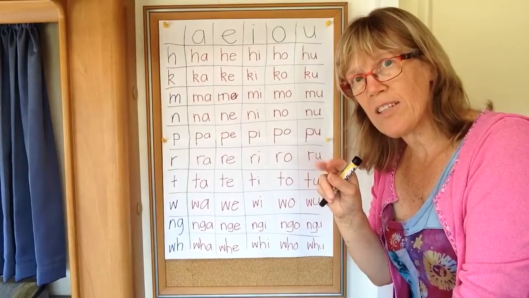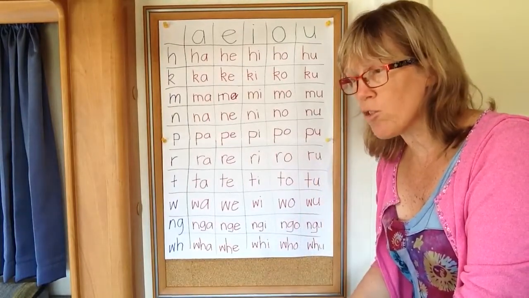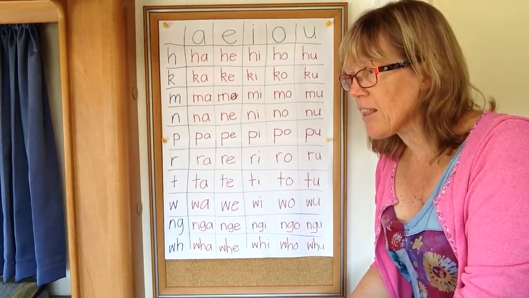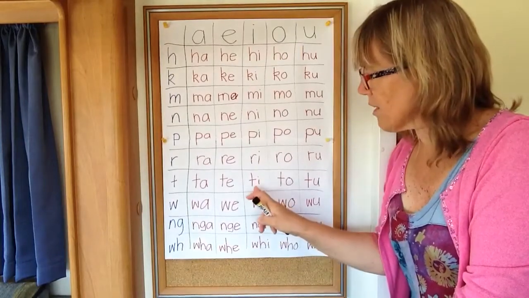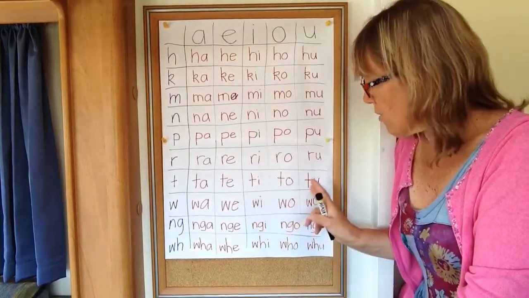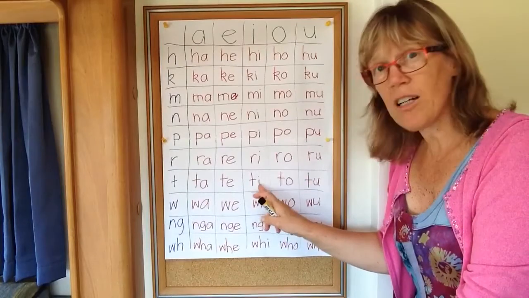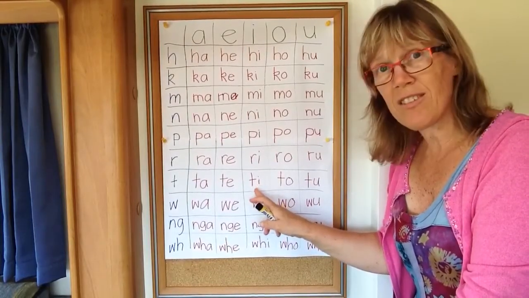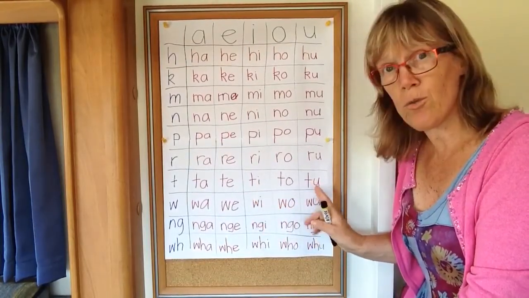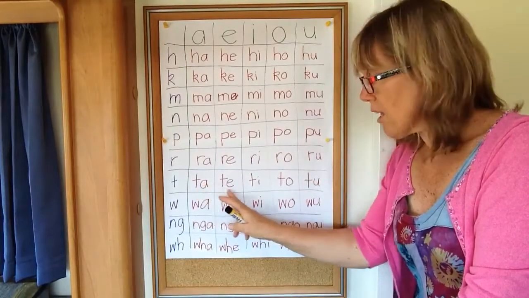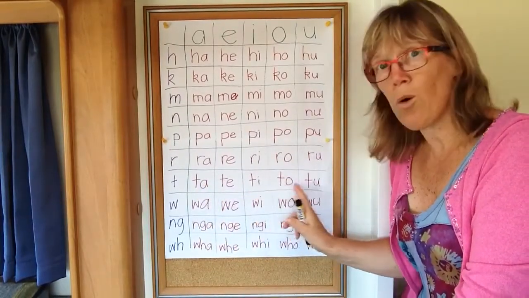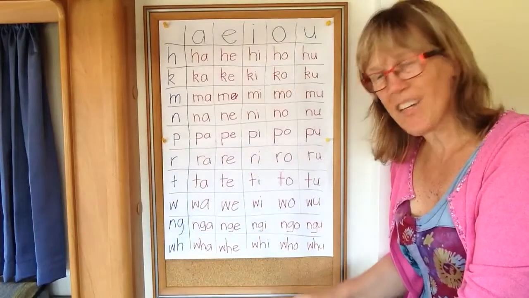My tongue is flat to my palate and a little bit coming out towards my teeth. Ta, te, to. And these ones with the I and the U after them are just like a T. So this is ti and tu. So it's ta, te, ti, to, tu. Can you hear the difference there?